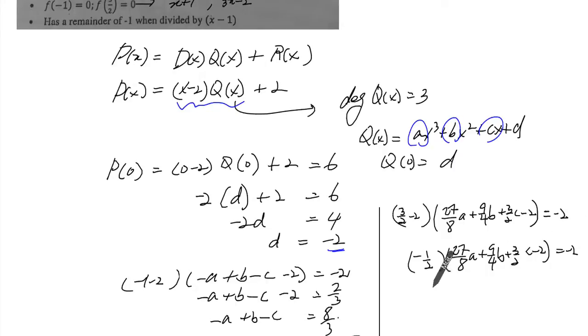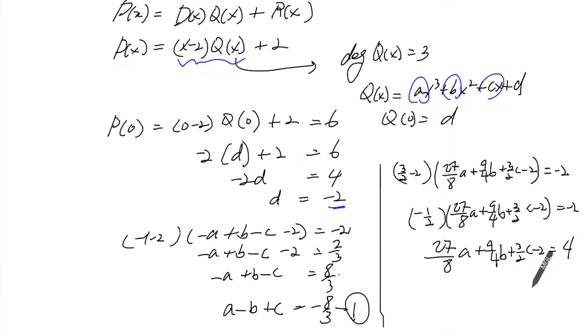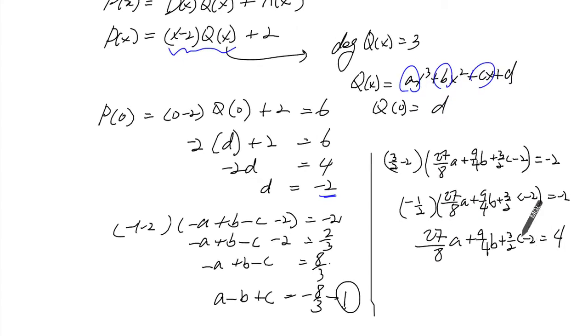Okay, so you get 27 over 8 a, 9 over 4 b plus 3 over 2 c minus 2 is equal to positive 4. You can bring this negative 2 to the other side to get 6, right? Actually, let's divide everything by 3. 27, 9, 3, 6, all multiples of 3.